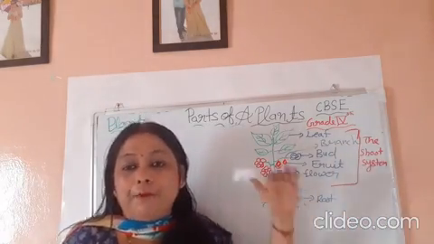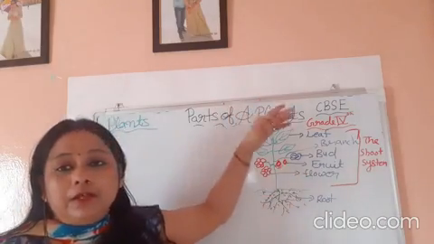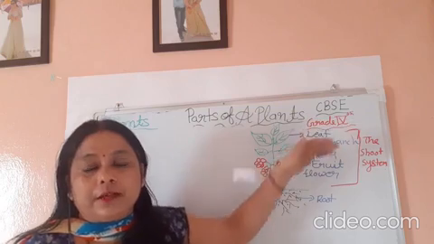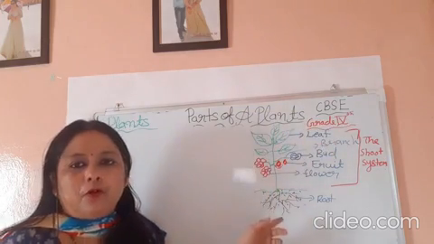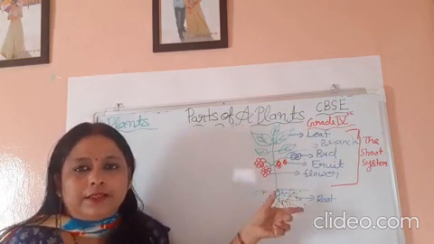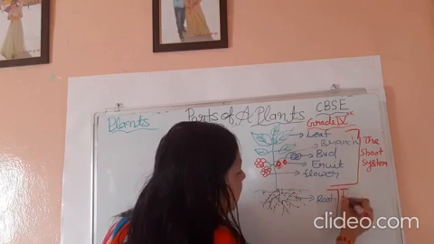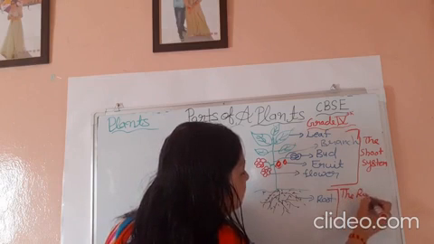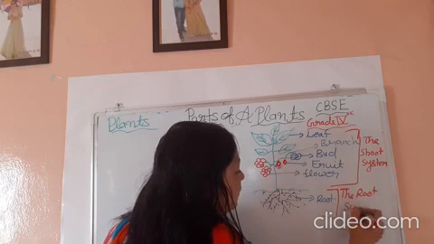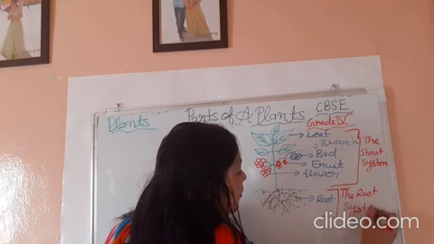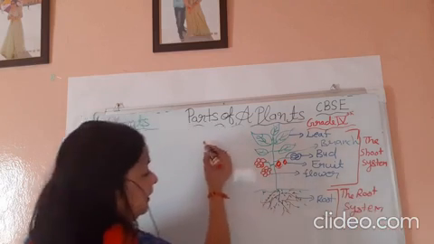The part of a plant that grows above the ground is called the shoot system, and the part that grows below the ground is called the root system.